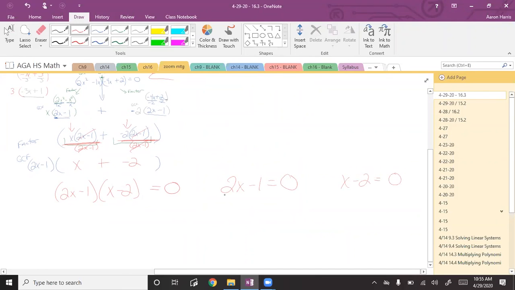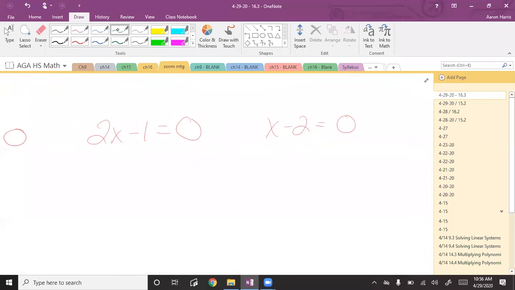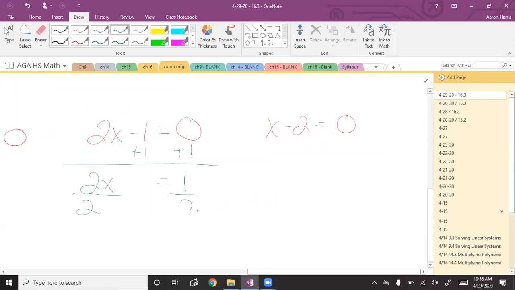Good. Let's solve for x. Plus 1, correct? I'm just doing the 4 steps now, right? What do I do now? Divide by 2. So x is equal to what? 1 over 2.